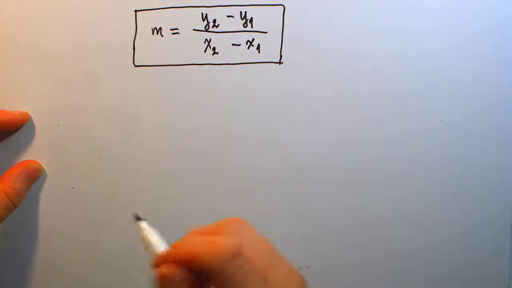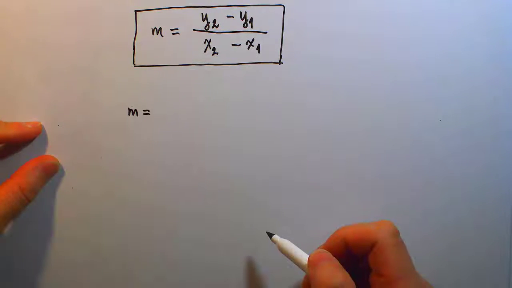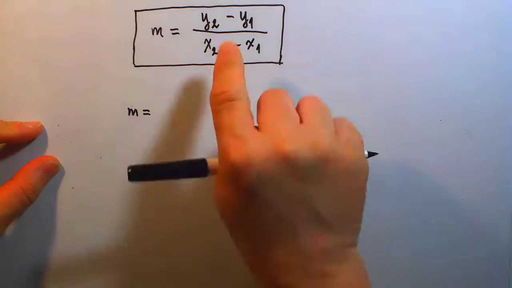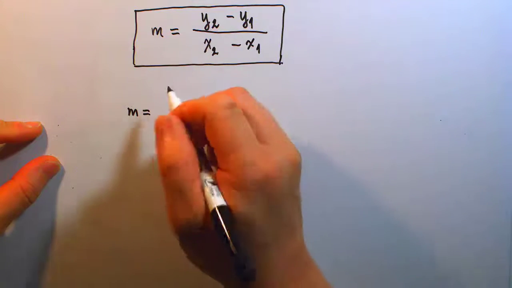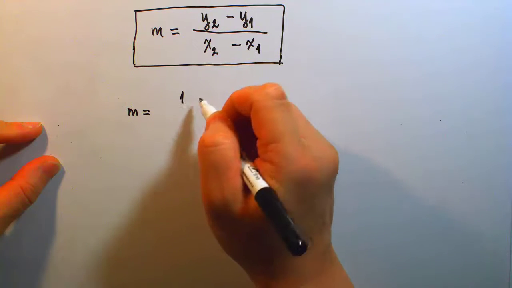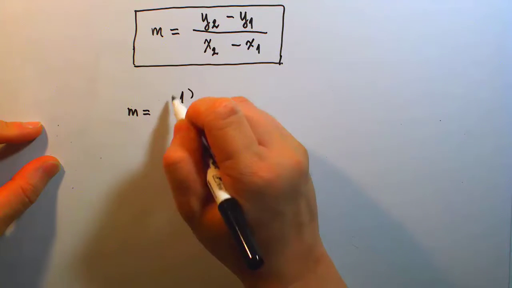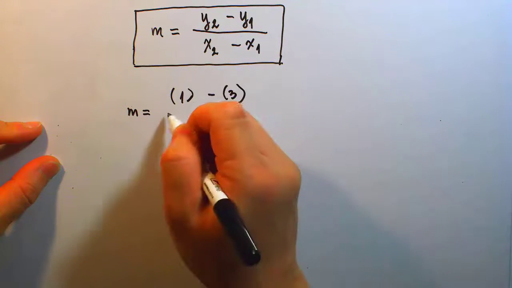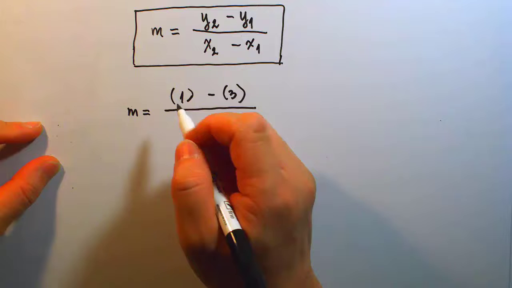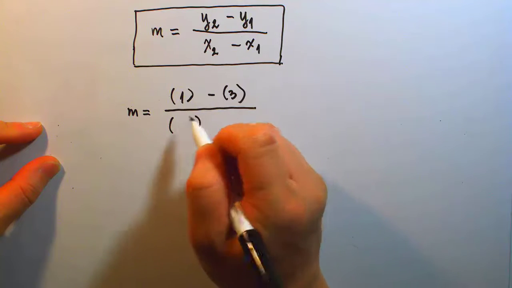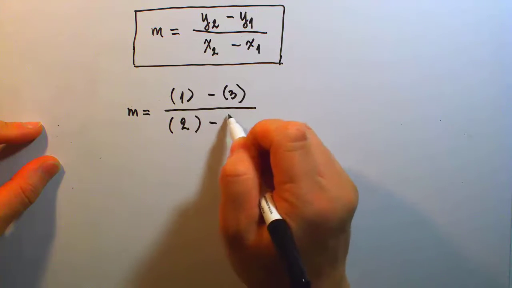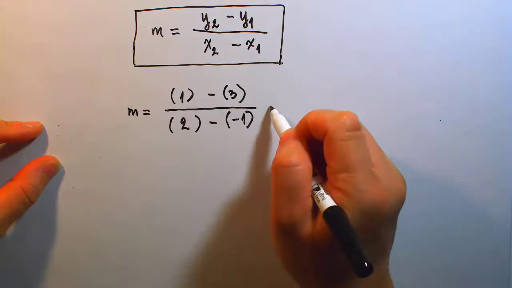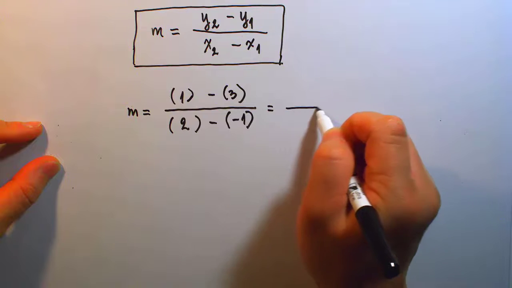Right here in this example, our slope from the graph: y2 is 1 and y1 is 3. So we have 1 minus 3, and we are dividing that by x2 being 2, and x1 being -1. All we have left now is to complete the calculation.